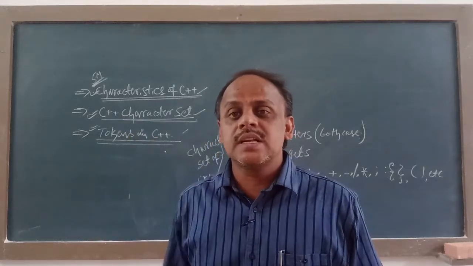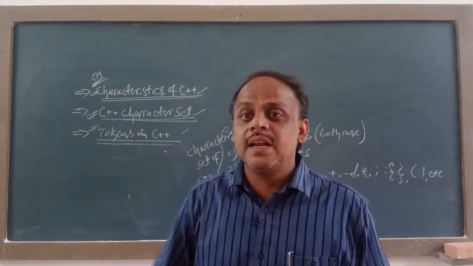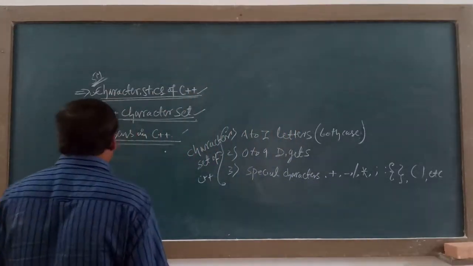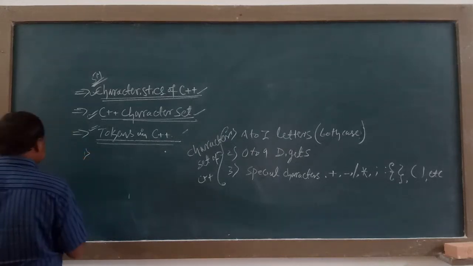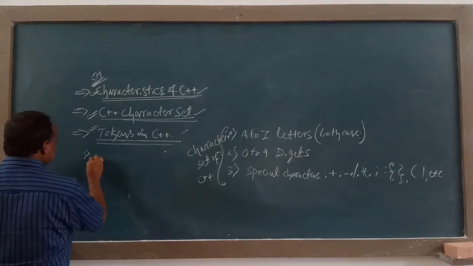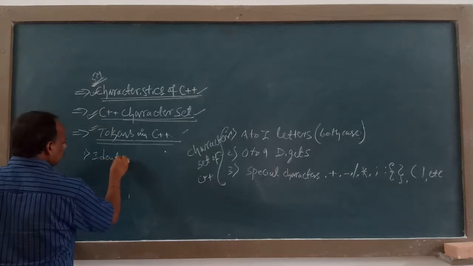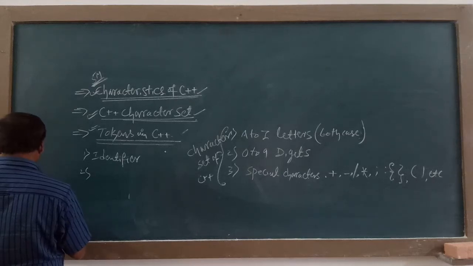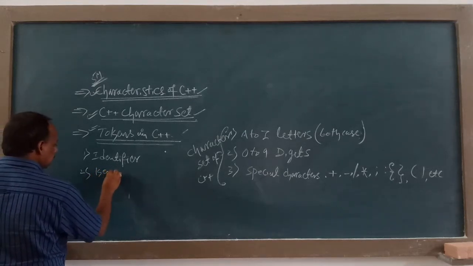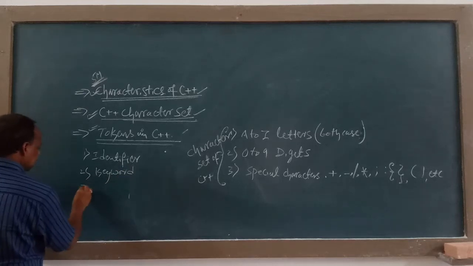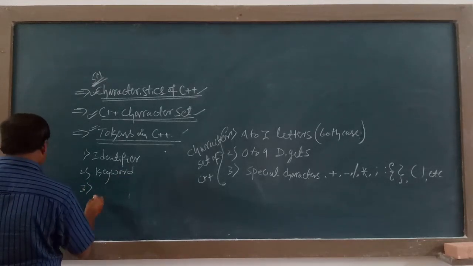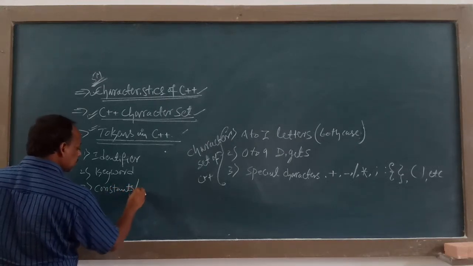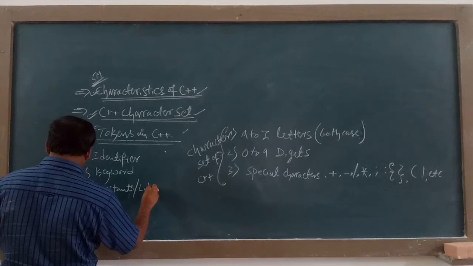What are the different tokens of C++? Meaning, what are the fundamental elements of the programming language? These are the tokens of C++. First one, identifier. Second one, keyword. Third one, constants, also called literals.